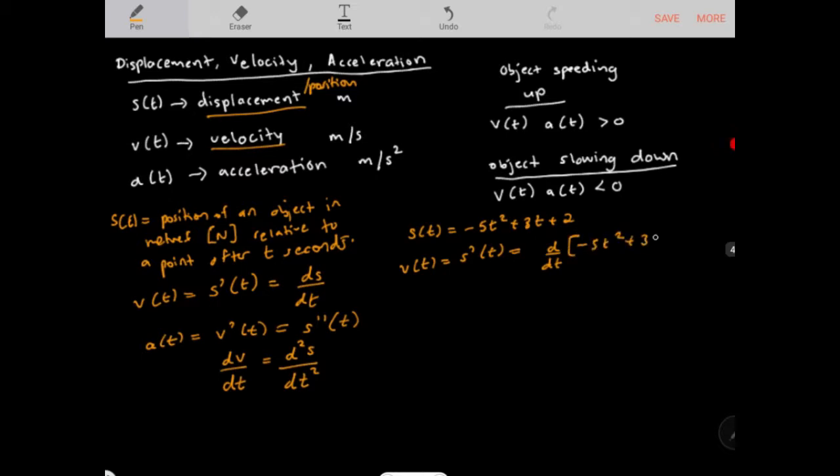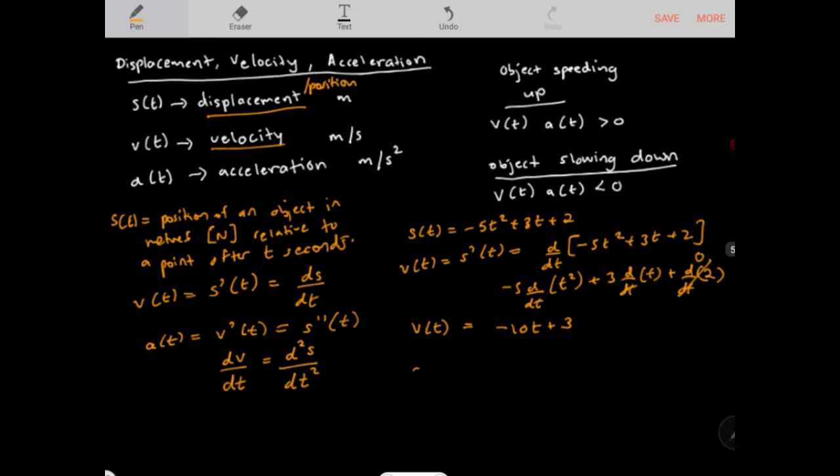So you're taking the derivative of all of these terms: negative 5 d/dt of t squared, plus 3 d/dt of t, plus the derivative of 2 with respect to t, which is 0, because the derivative of any constant is 0. Then we get negative 10t plus 3. This is our velocity function, the first derivative of the position function.